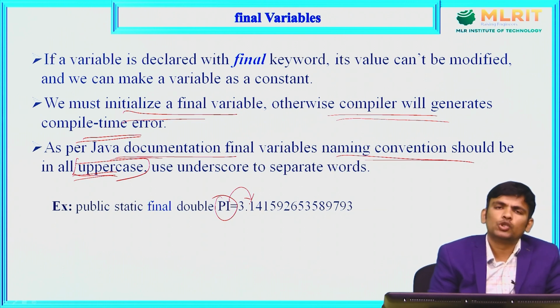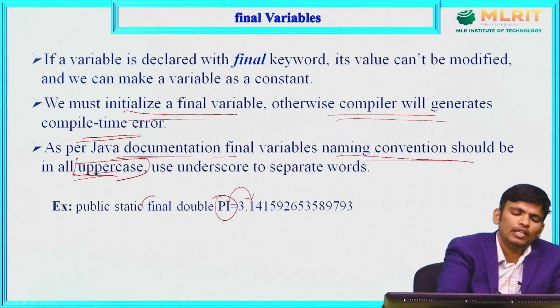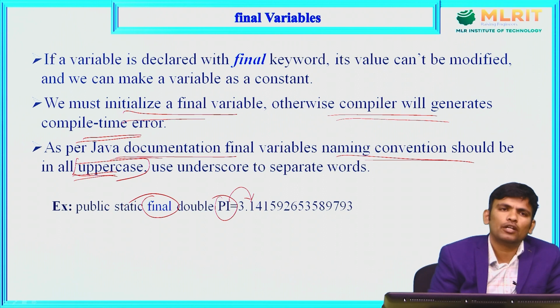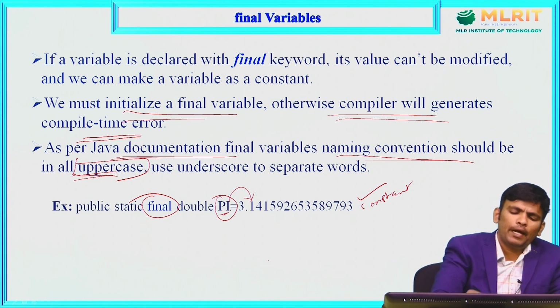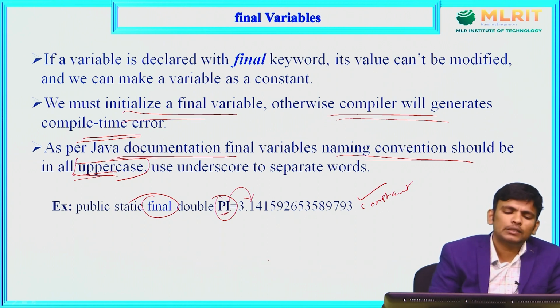During execution of the program, suppose I don't want to change this value. In such cases, we need to declare the pi value with the final modifier, so that during execution of the program this value is fixed and it becomes a constant. Pi is a final variable, and as per the Java documentation it must be uppercase.